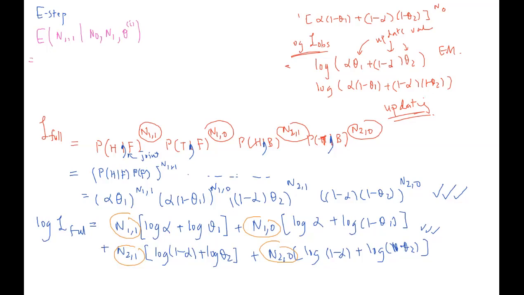So, okay. So now this one, N11, right? So what do you have? Here, this one is alpha theta 1 over alpha theta 1 plus (1 minus alpha) theta 2. Okay, so these are all about getting the heads, right? This one is the head from the fair coin. This one is the head from the biased coin. This one is the head from the fair coin.